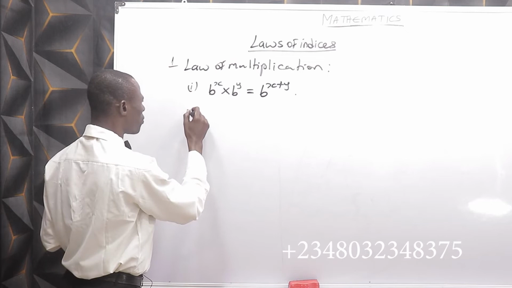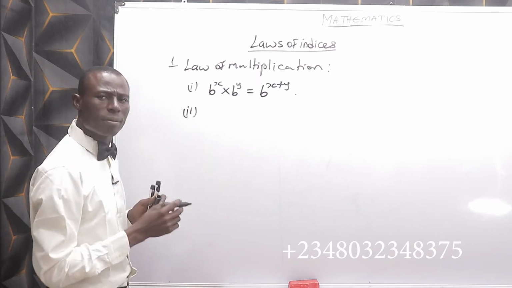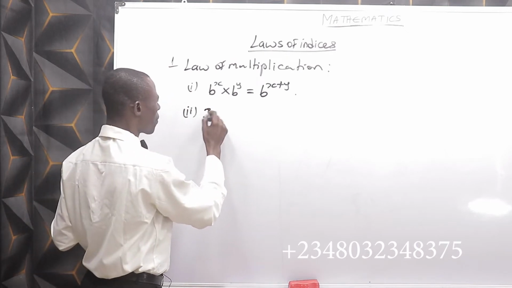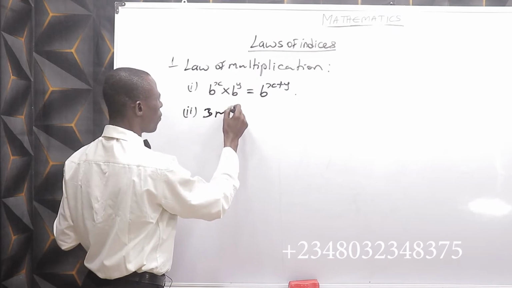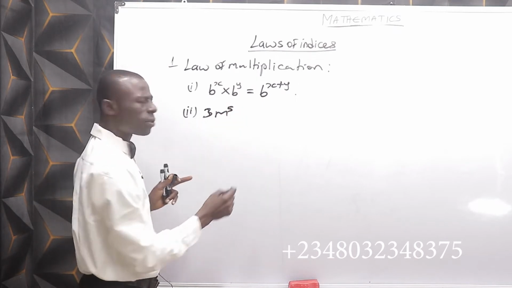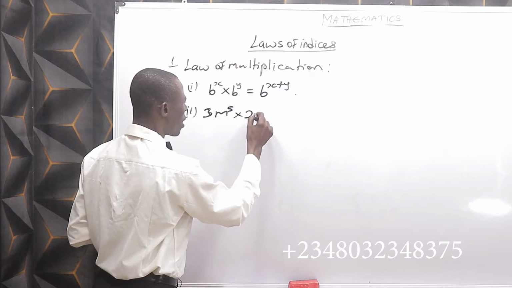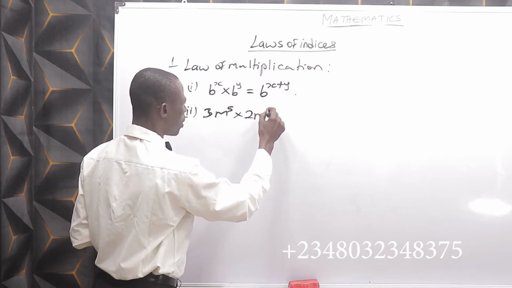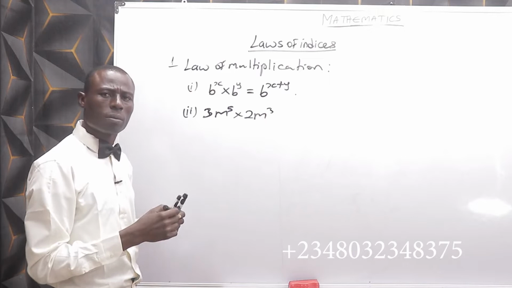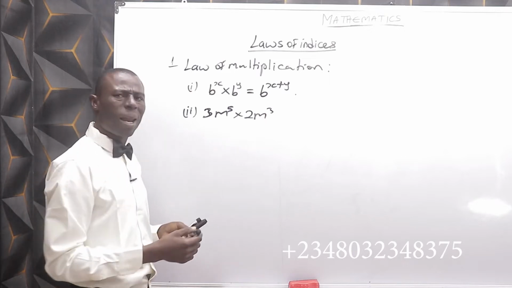What if you have a number like 3m raised to power 5 times 2m raised to power, let's say, 3? The same law applies.